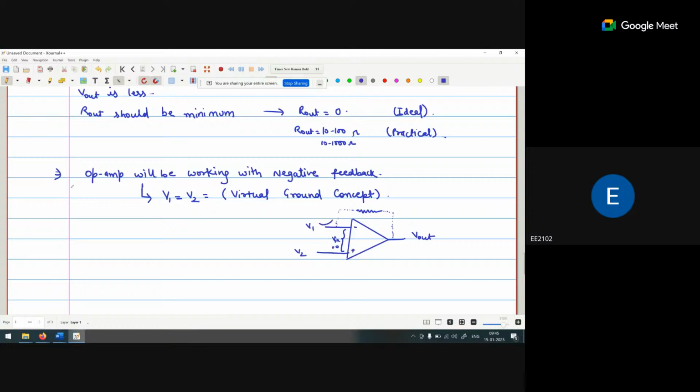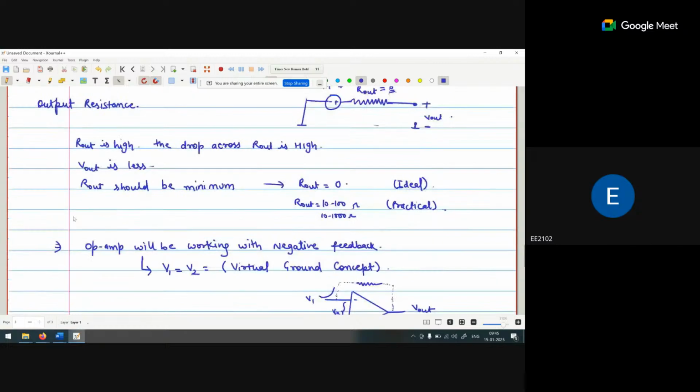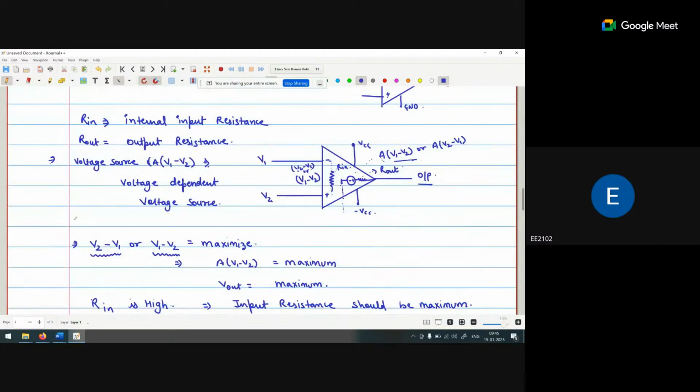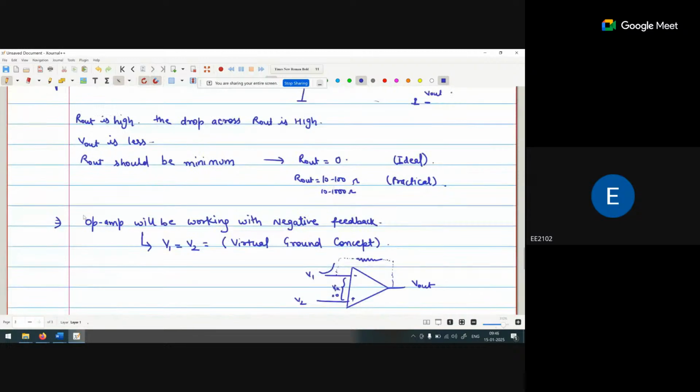All current will be passing through the feedback, because no current will be going from this side. Why will no current go from this side? Because V1 is equal to V2. So the voltage drop across V1 minus V2 will be 0, and so the voltage source is again 0.